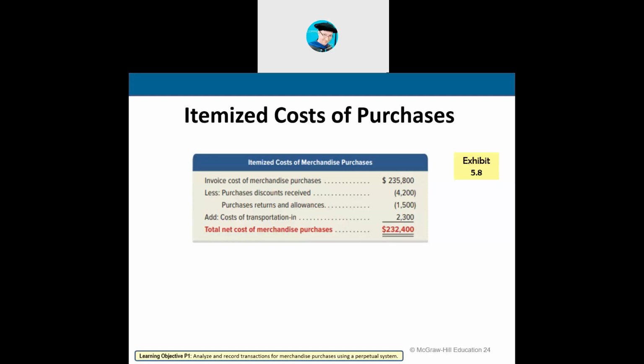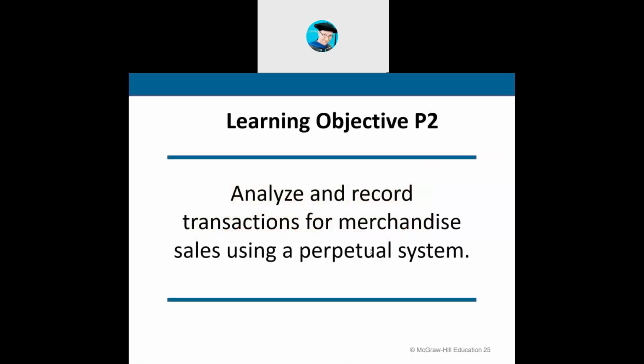So we have the invoice cost of merchandise purchases, minus any discounts, minus any returns, plus transportation cost equals the total cost of merchandise purchases. These types of reports are usually generated for you, so we're not going to dive too deep into that.